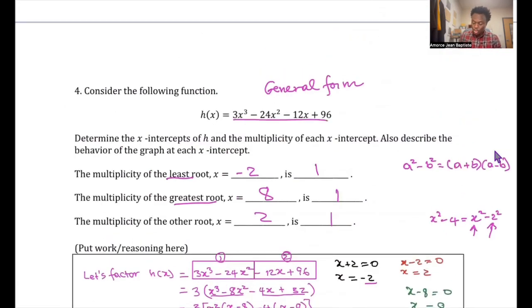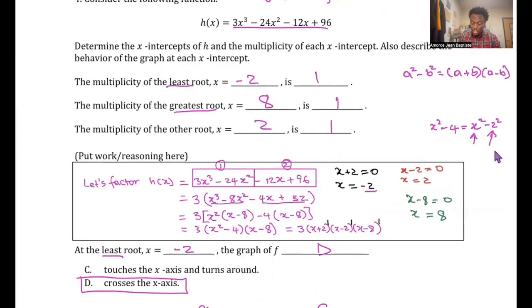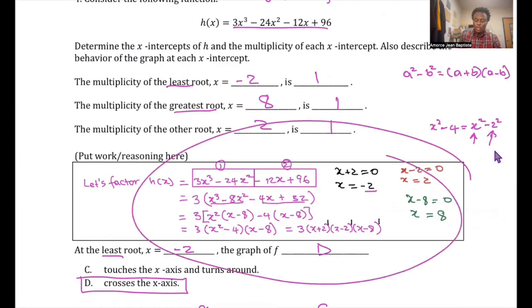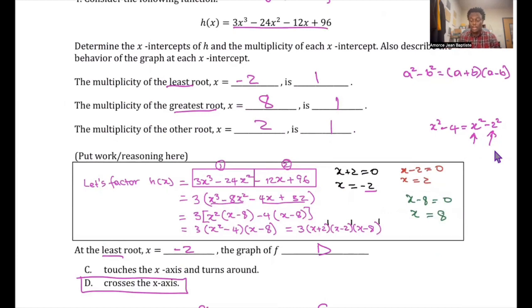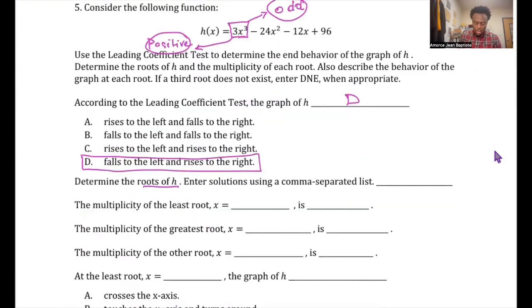If it was a different problem, we would do the same process to solve it, but since it's the same, we can just grab the solutions: -2, 2, and 8. So the zeros are the roots.